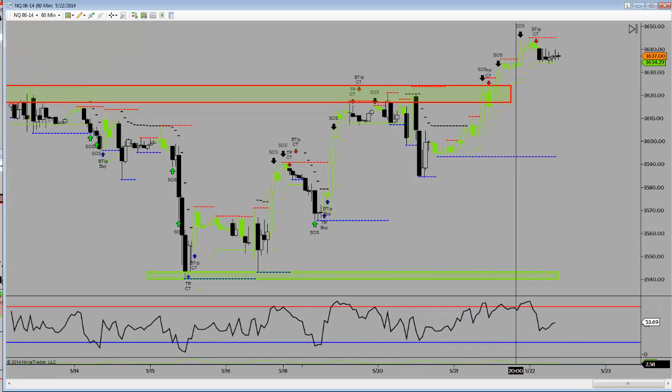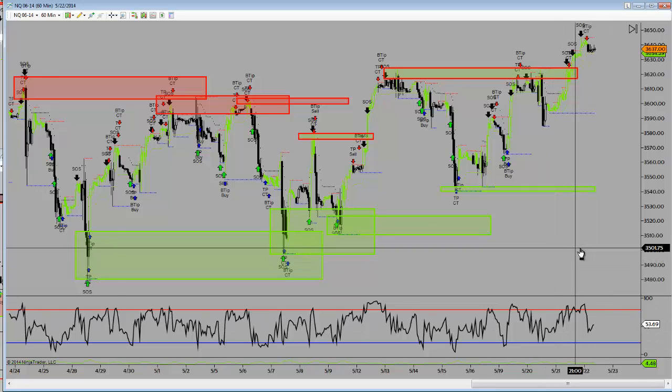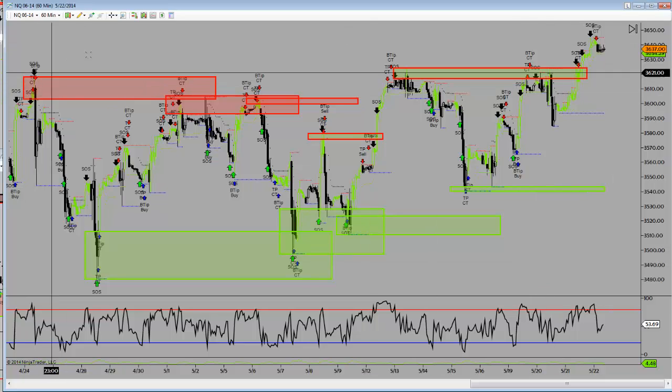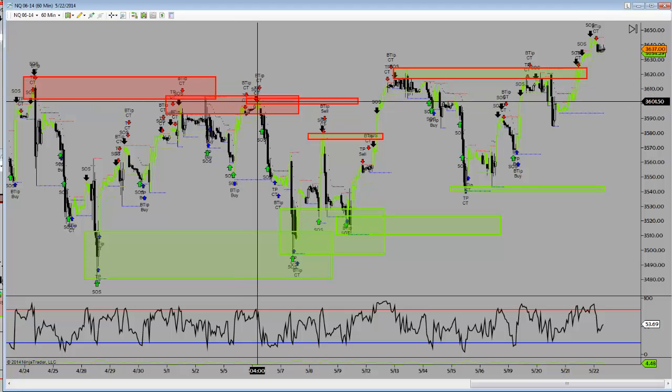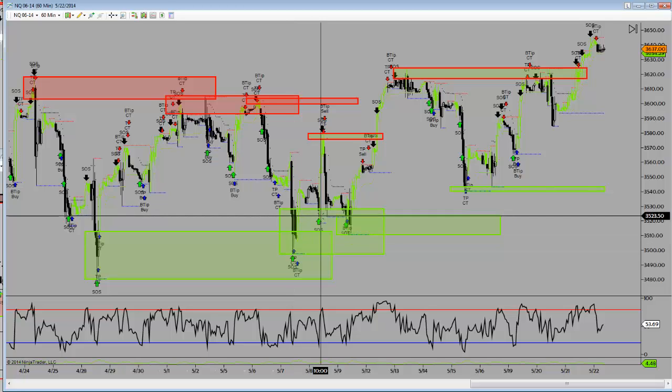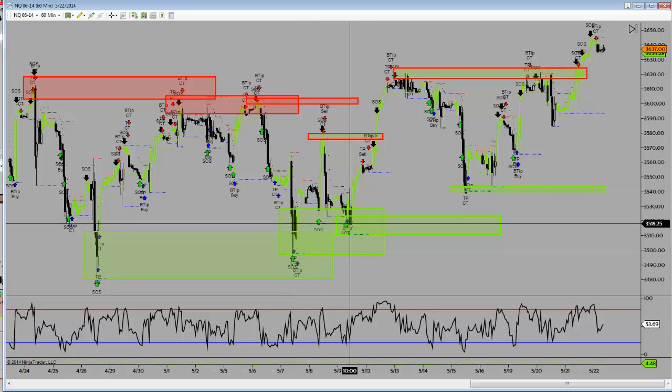Nasdaq. Let's tighten this up. Remember, not a question of if these markets will break out of structure, just when and which direction. So here we see resistance, sell 'em winner, sell 'em winner, sell 'em winner, sell 'em winner, 4 and 0. DSR level down here, support, buy 'em winner, buy 'em winner, buy 'em winner, 3 and 0.